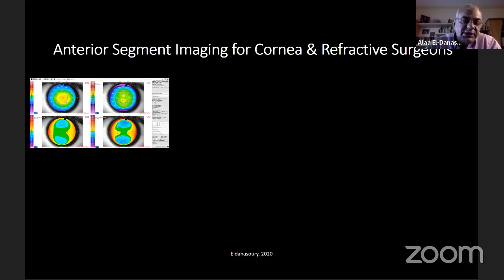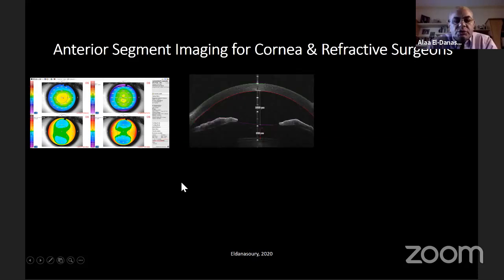I would say 50% of the imaging I'm doing is to exclude patients who should not have laser vision correction. Also, if you are doing phakic intraocular lenses, and as Erik mentioned very elegantly in the previous talk, you need to have an anterior segment OCT in order to choose properly your cases and in order to follow up your cases properly after surgery.